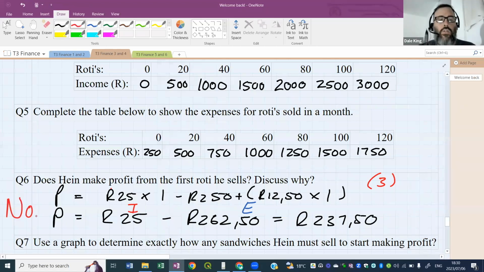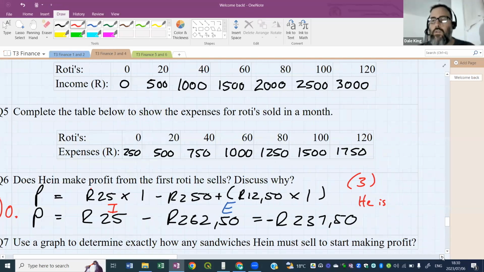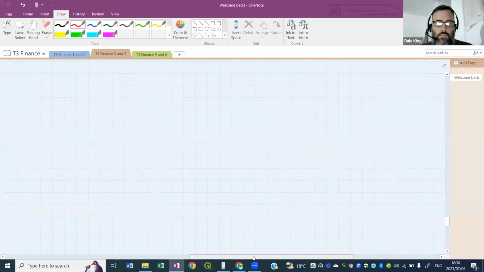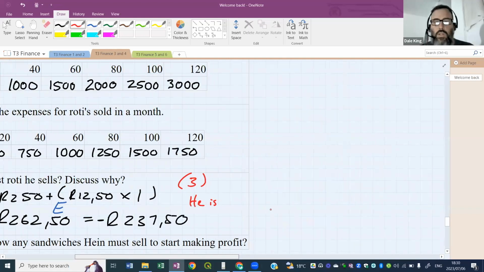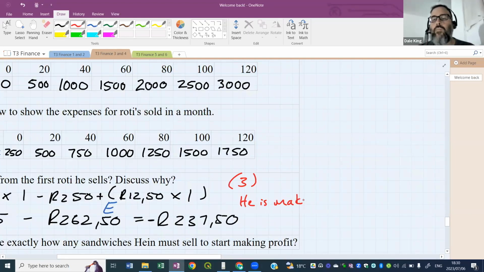No, for the 1 mark, and then this calculation here with a minus in front of the answer, and then you've got to state: he is making a loss as the value shows a negative.